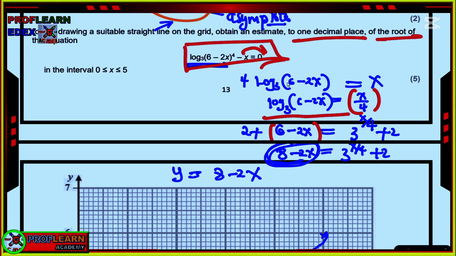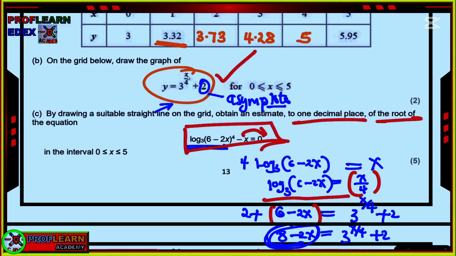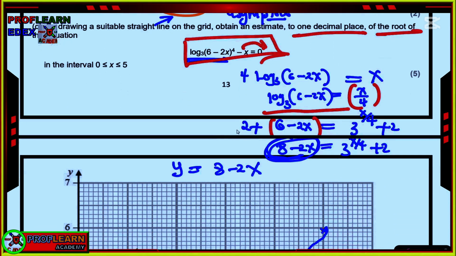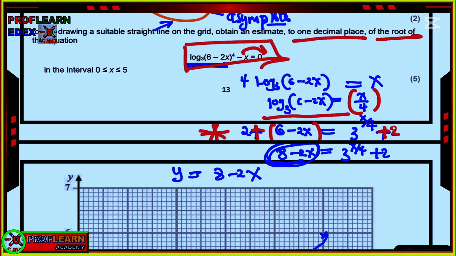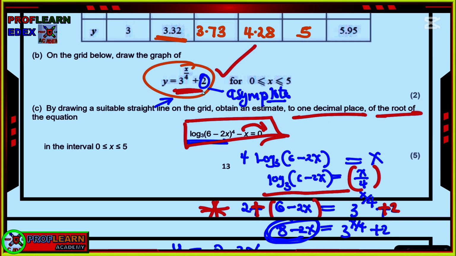But our equation that we did draw was having plus 2. So on this equation we shall add plus 2, and also on the other side plus 2, so that we are going to have 3 raised to the power x over 4 plus 2, similar to whatever we plotted here on this particular setup.